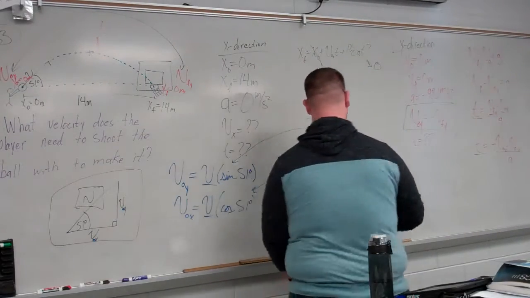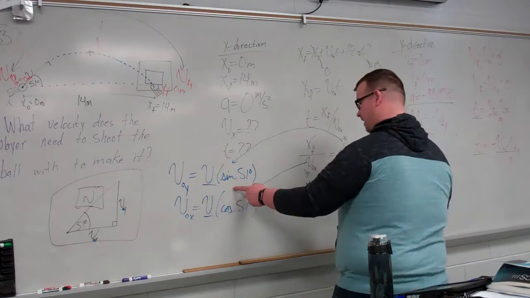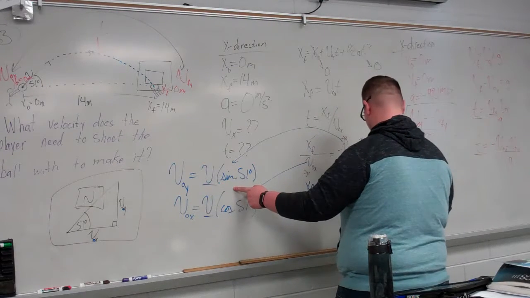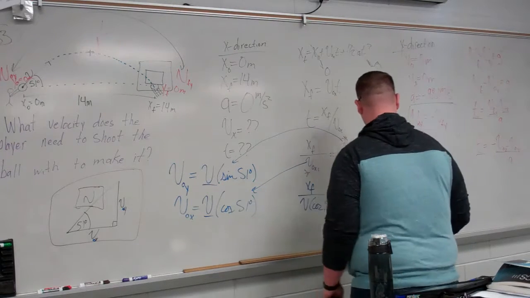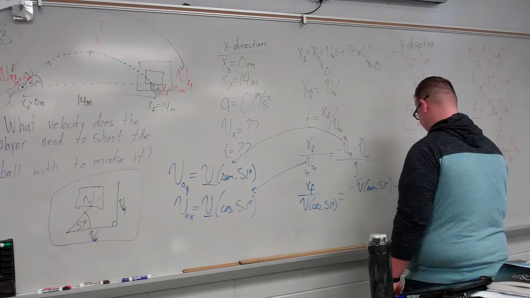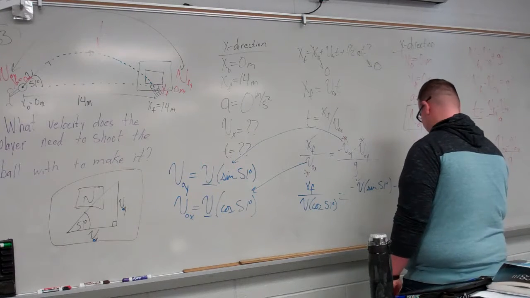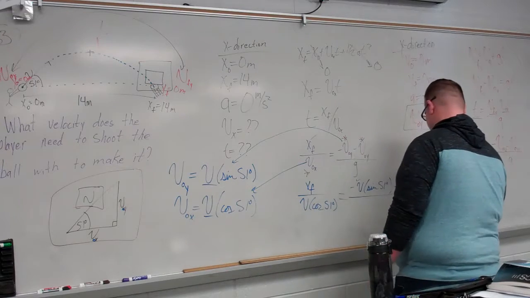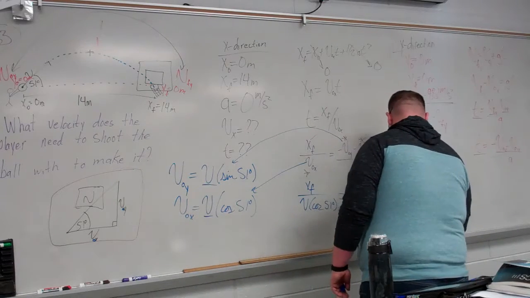So the initial velocity, negative velocity times sine 51 degrees, minus velocity times the sine 51 degrees, all divided by gravity.